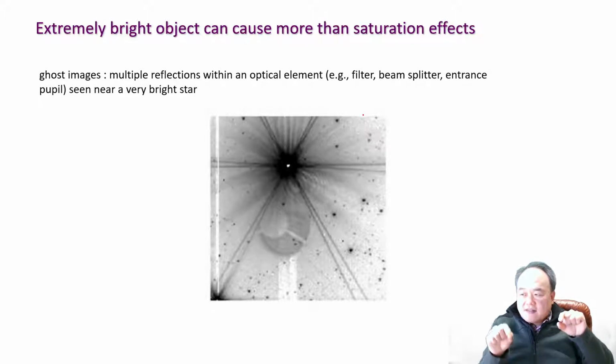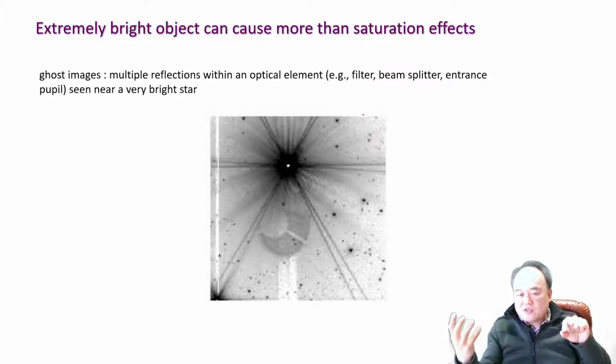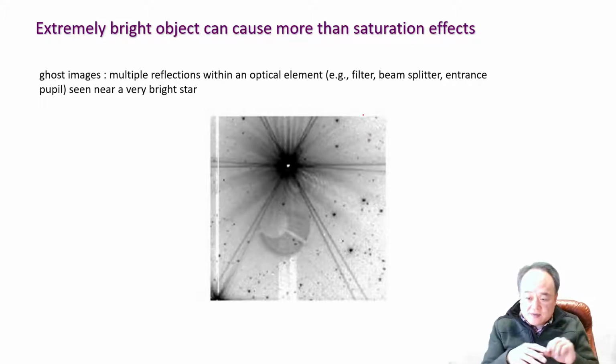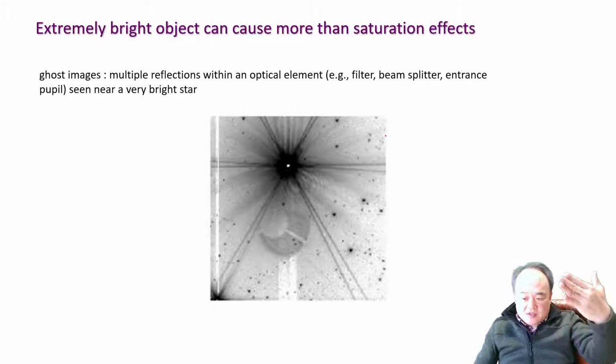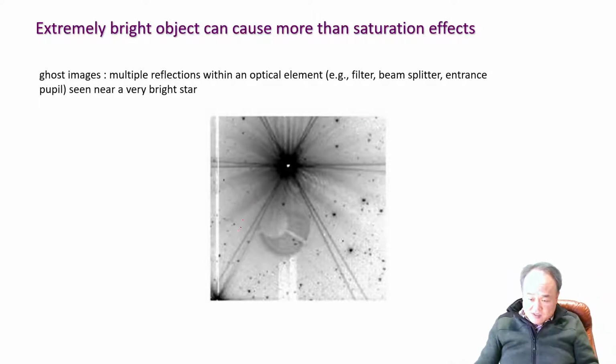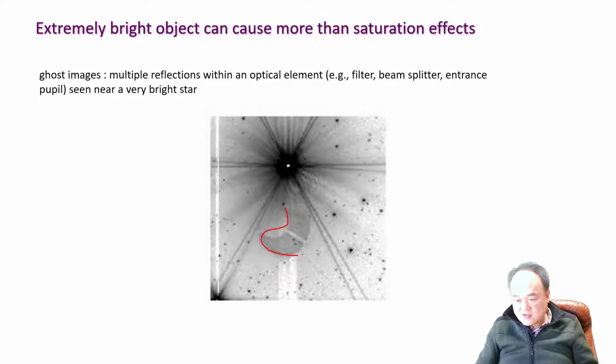These multiple reflections cause ghost images. Normally this is invisible and buried in the noise level, but when you observe a really bright object, these ghost images from multiple internal reflections become apparent. Look at this ghost image and the ringing patterns.